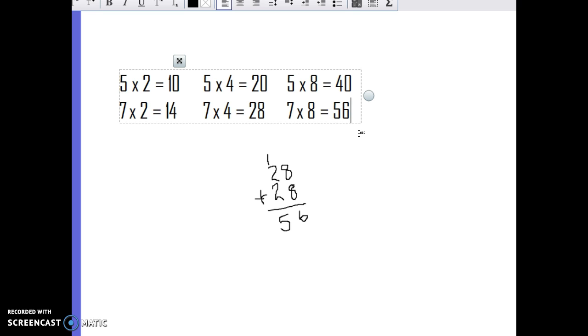The double, double, double rule works only with times 2, times 4, and times 8. So I also want to look at, let me erase this.